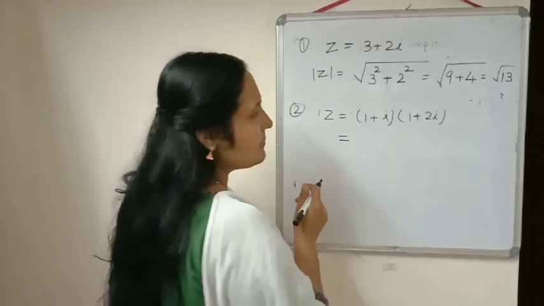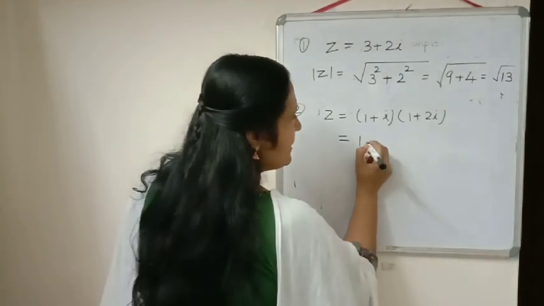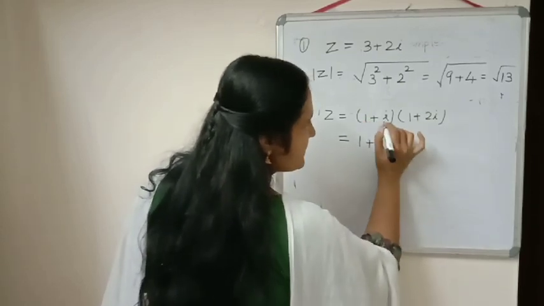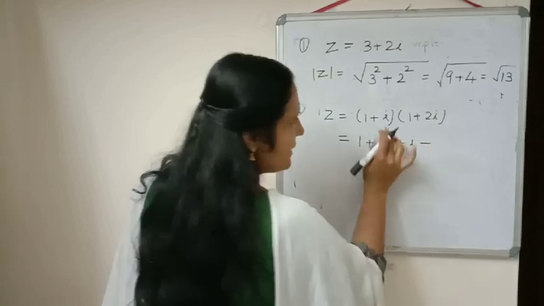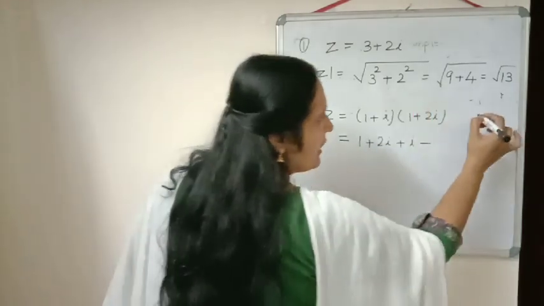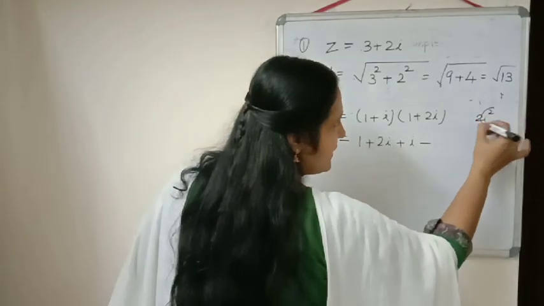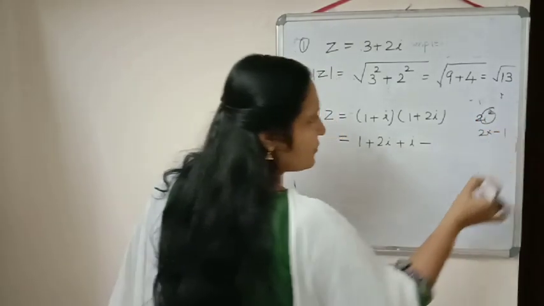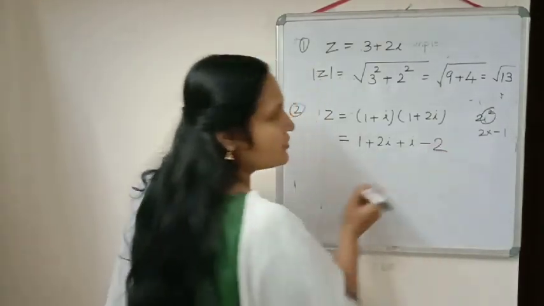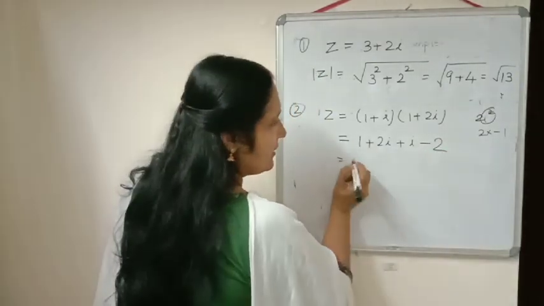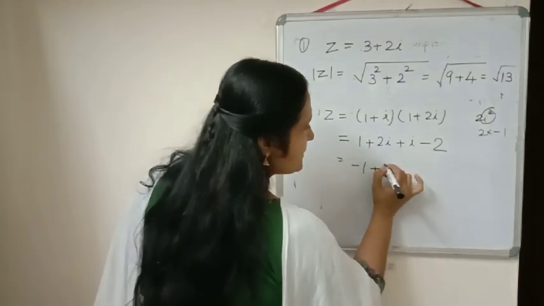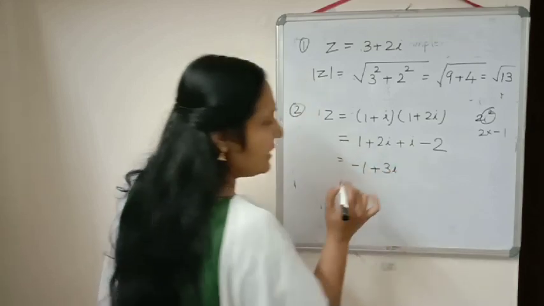So to do the multiplication, 1 into 1 will be equal to 1. 1 into 2i will give you 2i, plus i into 1 is i, plus i into 2i will be equal to 2i square, and i square is minus 1. So we will get 2 into minus 1, so it will be equal to minus 2. Clear?